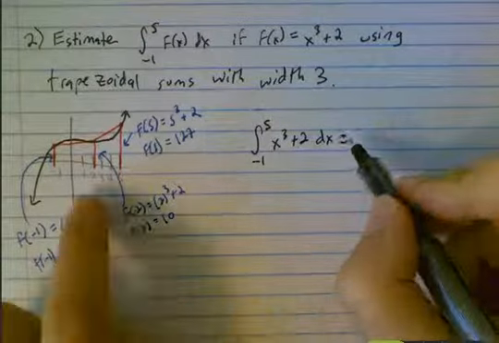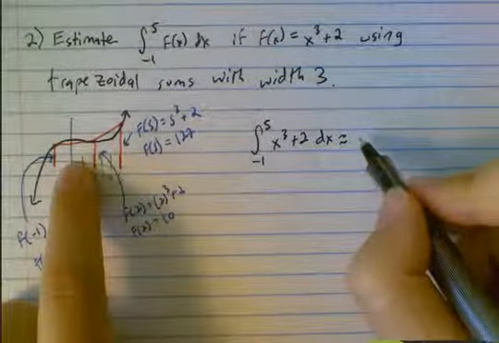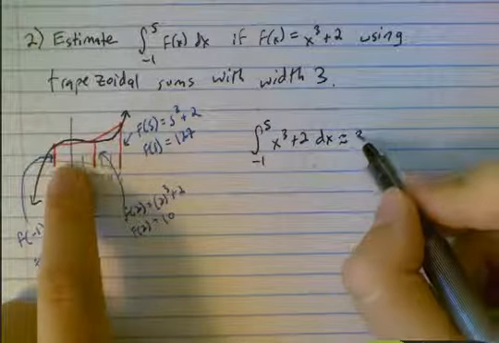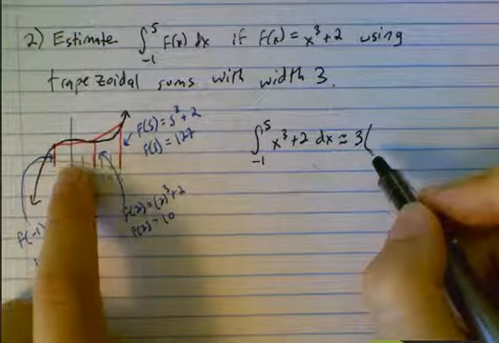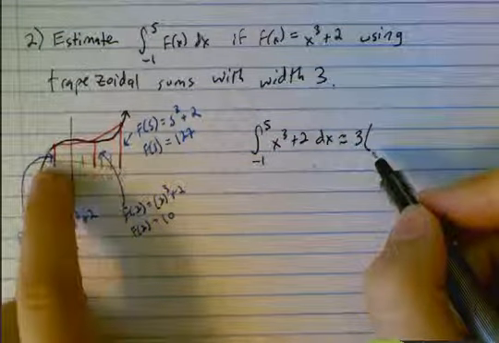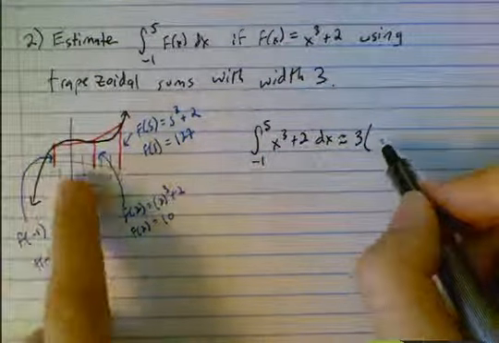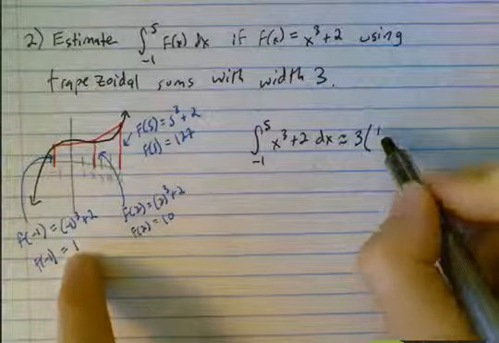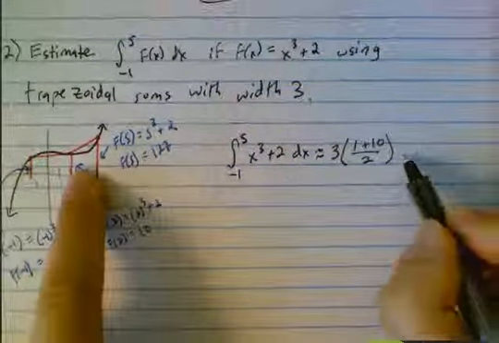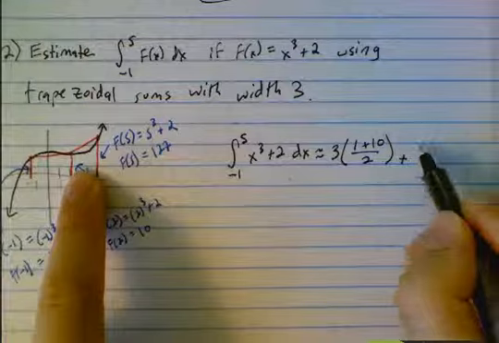dx. So for our first trapezoid, the height or width, depending on whichever one you call it, that's 3. Then we're going to multiply by the average of the two different heights or bases, whichever one you want to think of it as, but the average of the two red lines. So 1 plus 10 over 2. And then same thing for the second trapezoid.